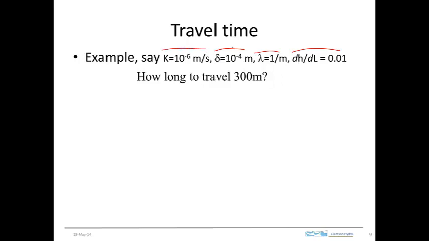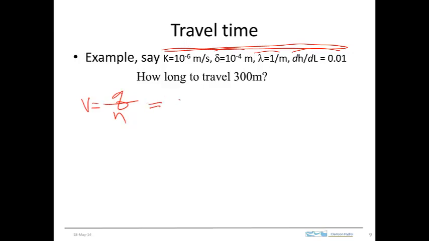So all of these values I think are reasonable, and let's see what kind of time it takes to travel 300 meters. So we said that the velocity is equal to the flux divided by the porosity. That'll be true for any kind of porous media.